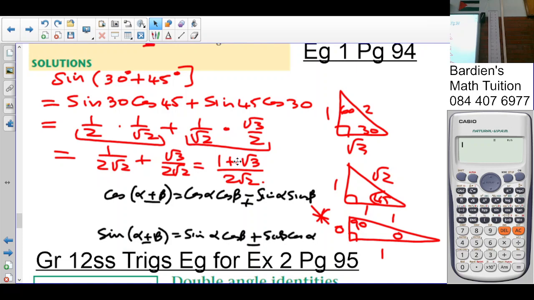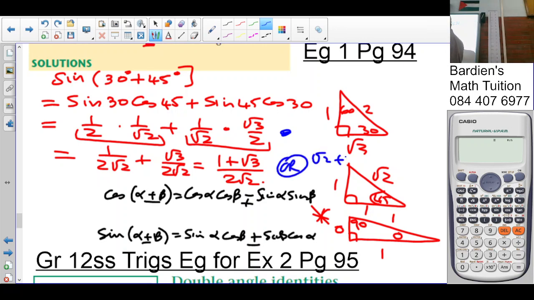But if you had punched this in the calculator at this point, you would have gotten root 2 plus the root of 6 over 4. I think that would be your equivalent term. Okay. But at this point here, you get your full marks already.